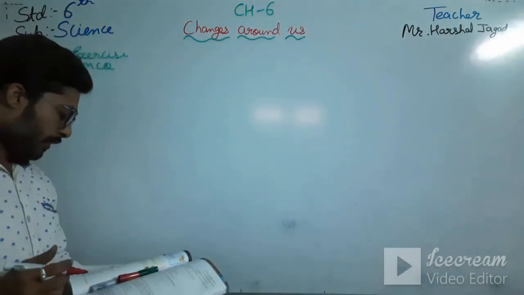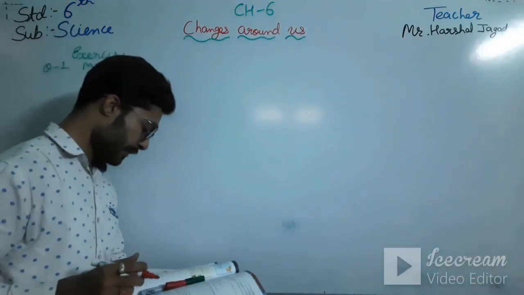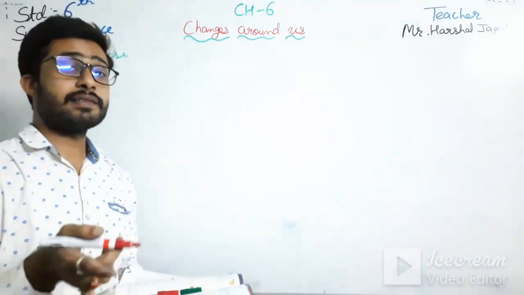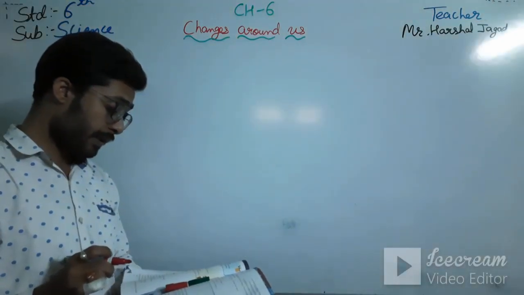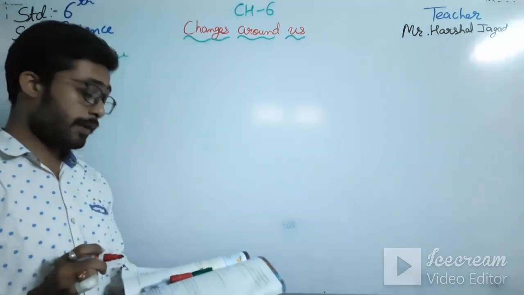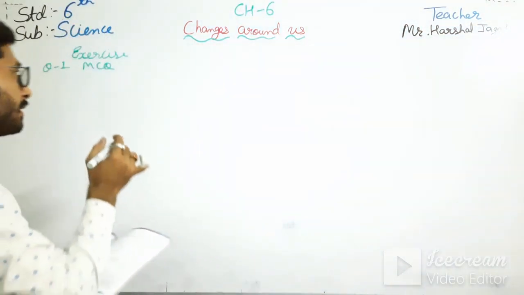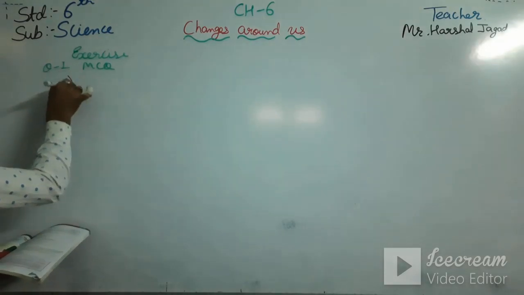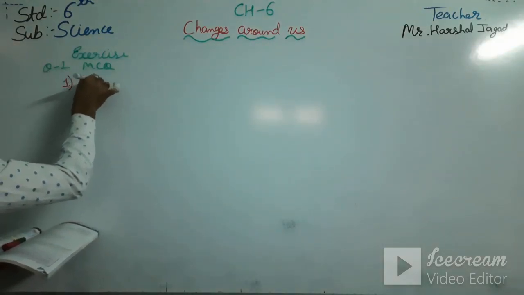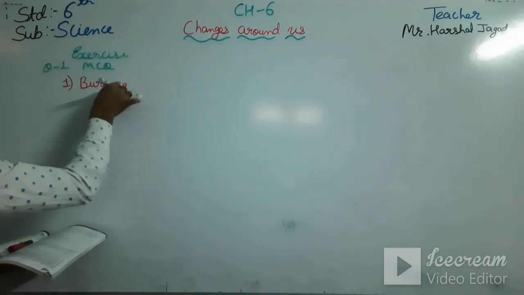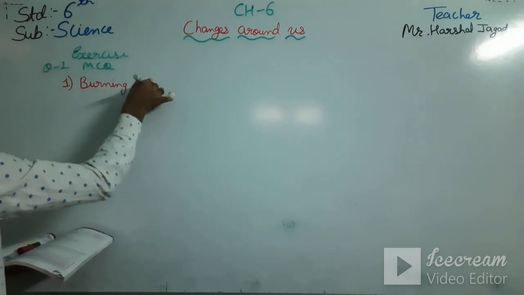Which of the following is an irreversible change? The options are melting of ice cream, freezing of ice cream, boiling of water, or burning of a paper. So I will say in the first, the answer will be burning of paper.